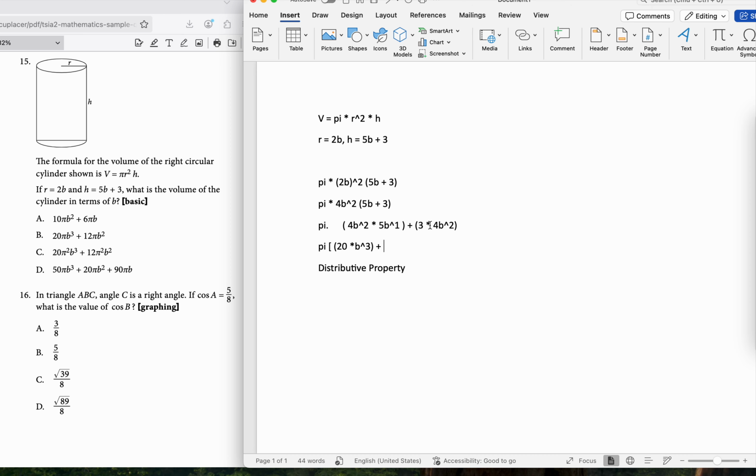So 4 times 3 is 12, and that's times b squared. We still have pi that we need to distribute. So pi is going to go here after the 20 and here after the 12.